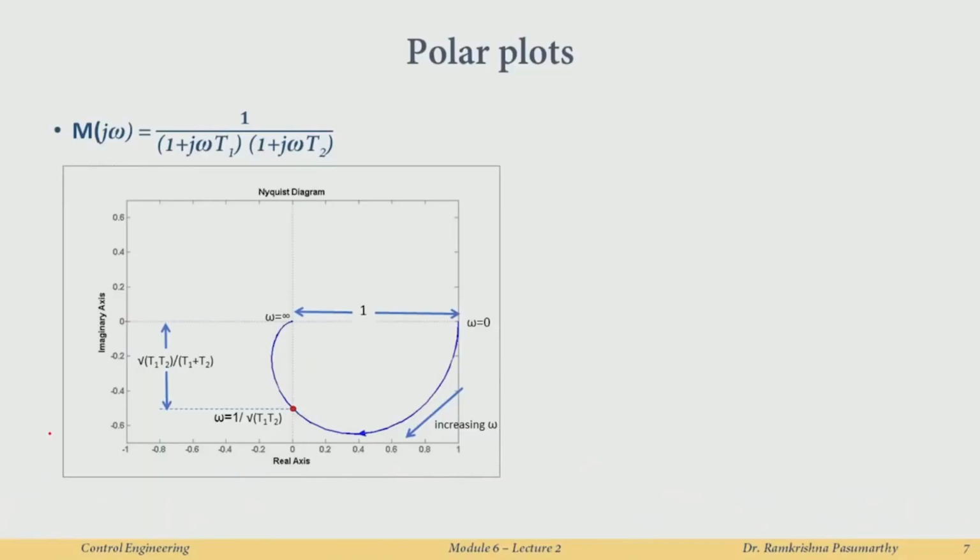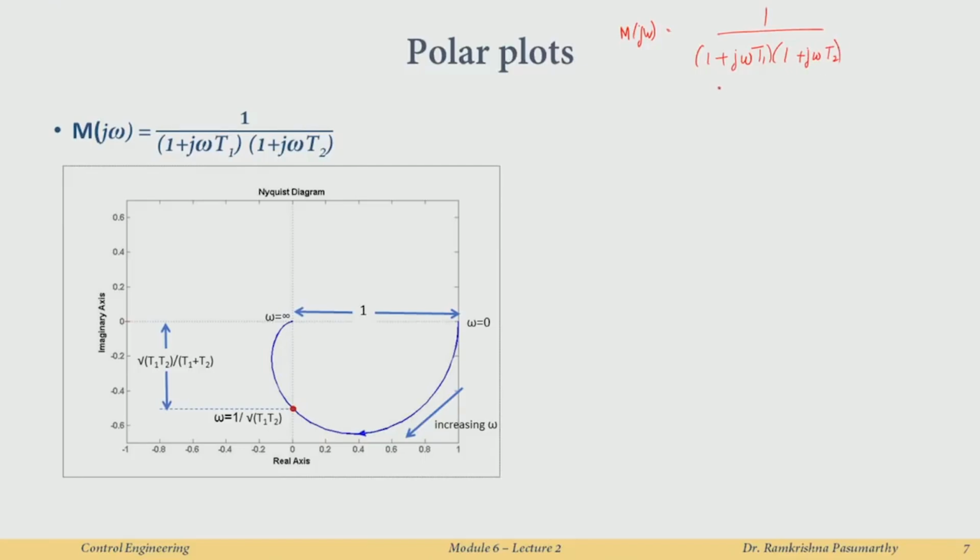We are not going into the derivations of those things. So my M of j omega is 1 over 1 plus j omega t1 times 1 plus j omega t2.